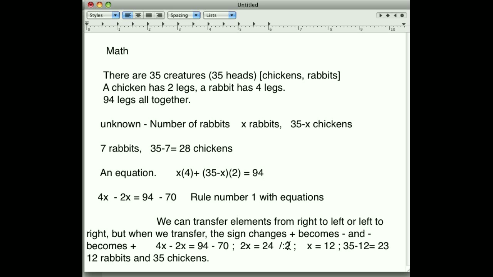And then the second rule we used is we divided each element of the equation by the same number, and therefore the equality remains, because if this is equal to this, then this divided by 2 will be equal to this divided by 2, because it's the same factor that we divide in. And then we found the solution.